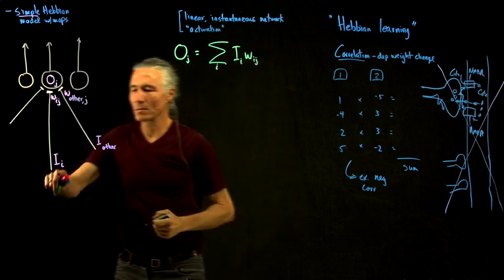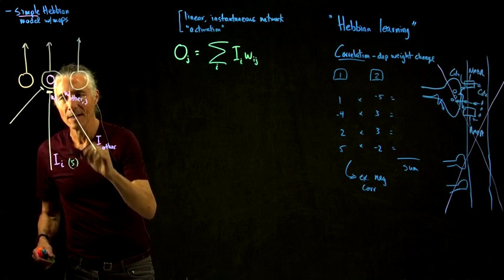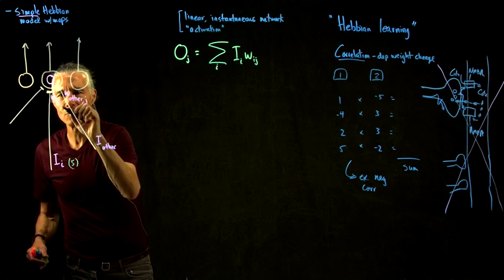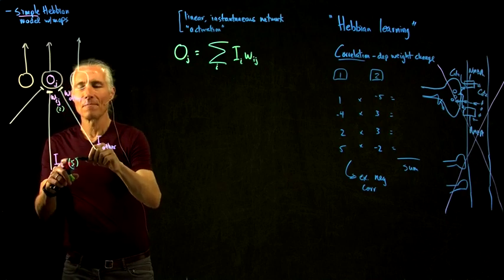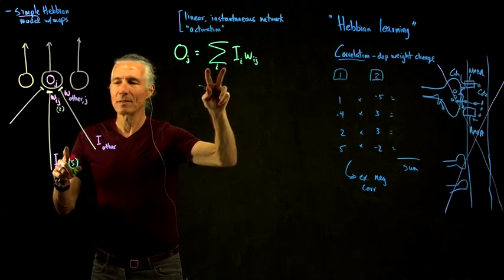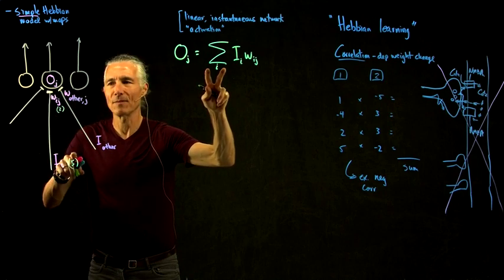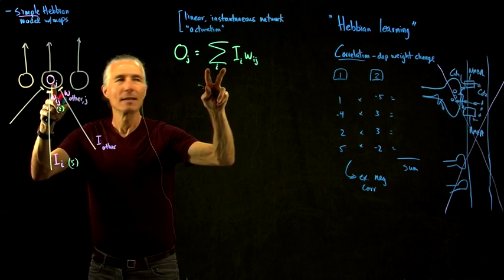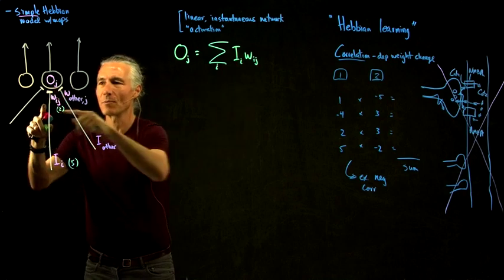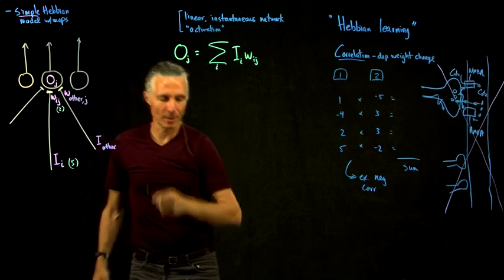So if you have, for example, 5 down here, and say the weight was 2, then the term for just that one weight is going to be 5 times 2 equals 10. And so you'll add 10 to whatever the thing is for all the rest of the inputs, because this says sum across all the inputs.